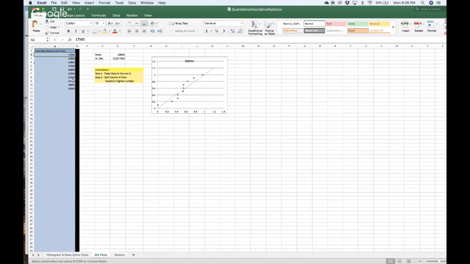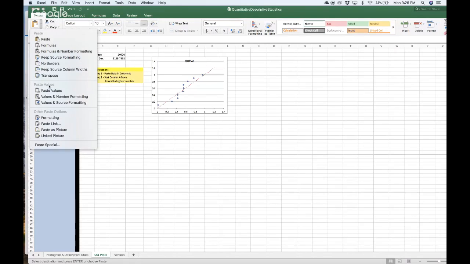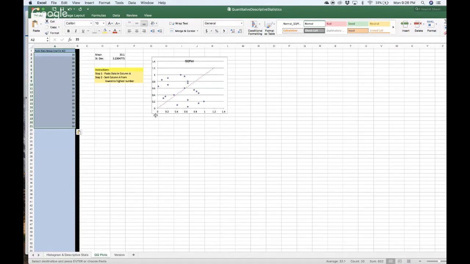But see, it's all scattered. Yeah. But are they all like this? Pretty much, they're all like scattered.